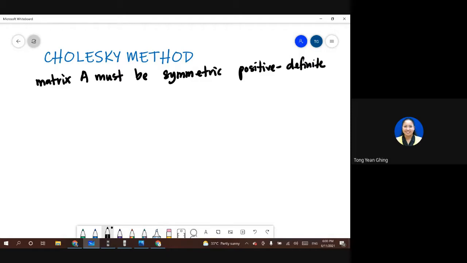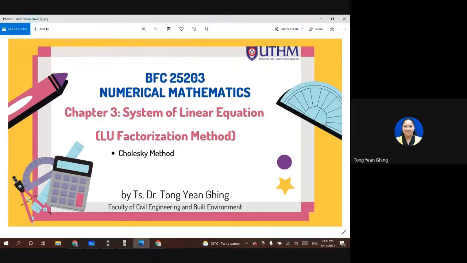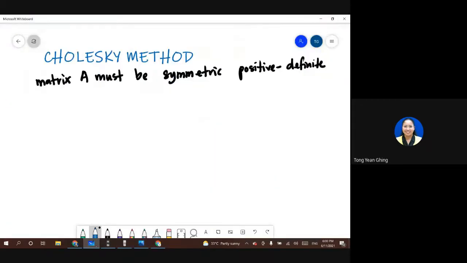Based on what we learned previously, how we are going to solve it is similar, starting from Ax equals b.